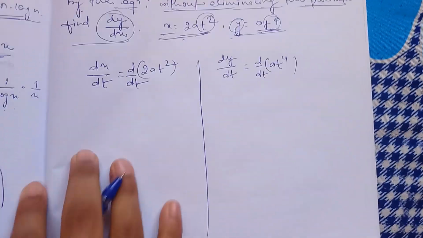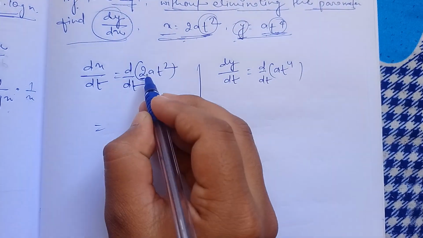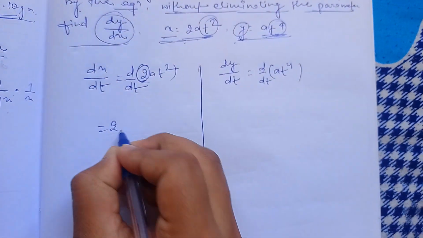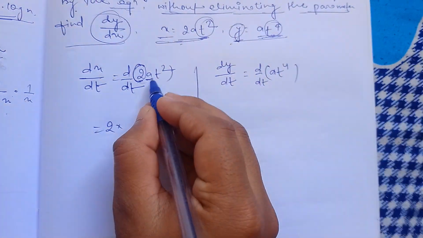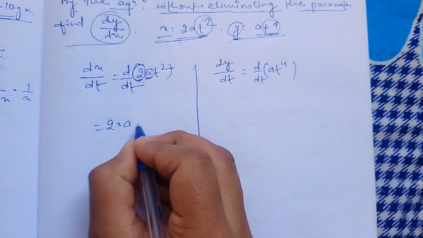Okay, now we know 2 is a constant value, and a constant value will go outside. And a is also a constant, so it will also go outside.